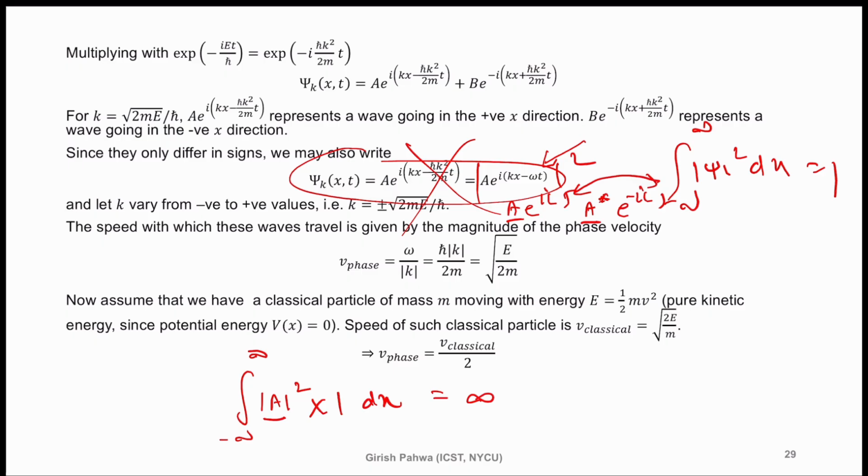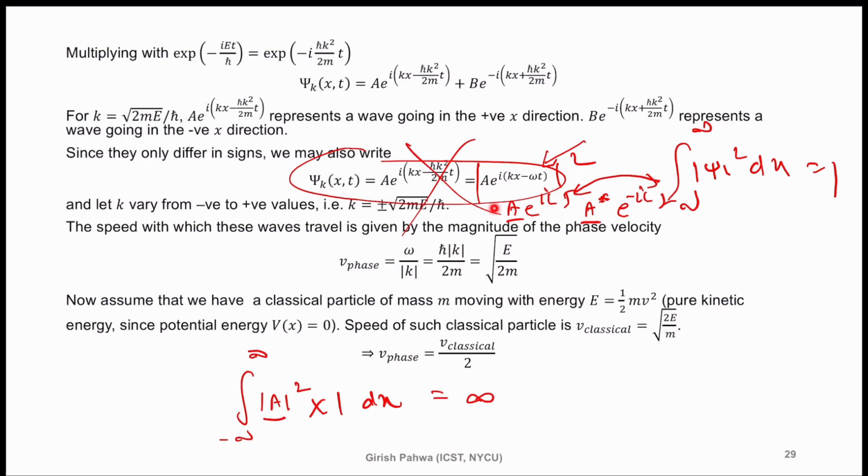Many times, the free particle is represented as a plane wave. Yes, the plane wave has significance in the solution of the free particle, but we are not yet there. This is not the full story. This violates the square integration condition. So this can't be the realistic wave function of a free particle.